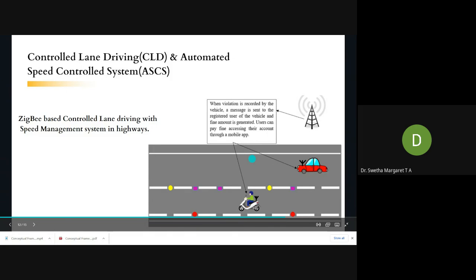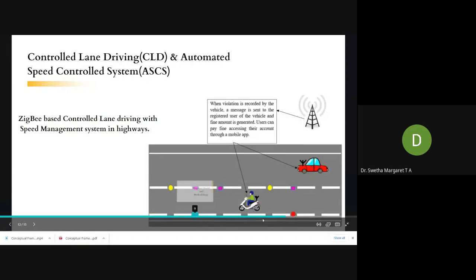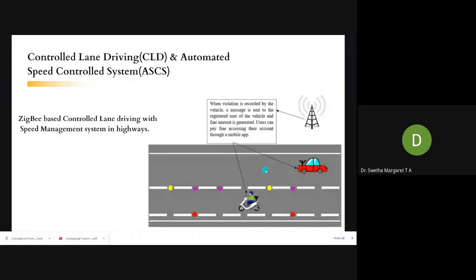Now, this is done separately for a two-wheeler as well as for a four-wheeler. So for a two-wheeler, we would have the Zigbee transmitter over here, and for the four-wheeler, we would have it as well. So ultimately, we are having a unique lane defilement for a two-wheeler as well as for a four-wheeler. So this is how it has to be planned.